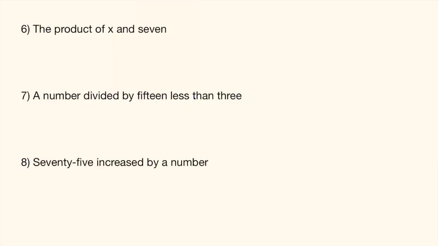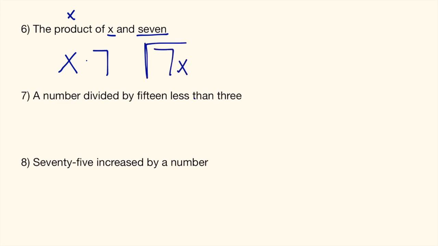Now that you've had a chance to do those on your own, let's come back and review them. So the product of x and 7. If you looked back in your notes, product of means to multiply. So we're going to multiply x and 7. So we have x times 7. When we have variables, we can also say 7x.